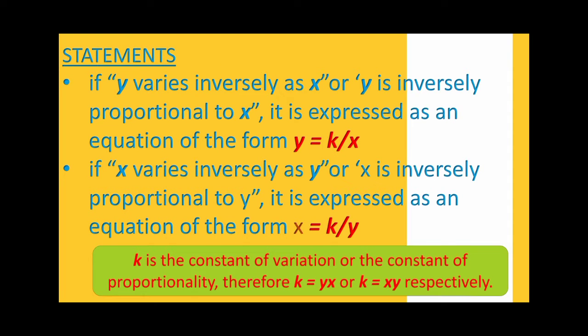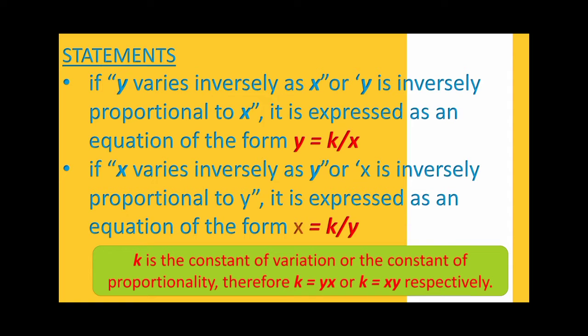if y varies inversely as x, or y is inversely proportional to x, it is expressed as an equation of the form y is equal to k over x.